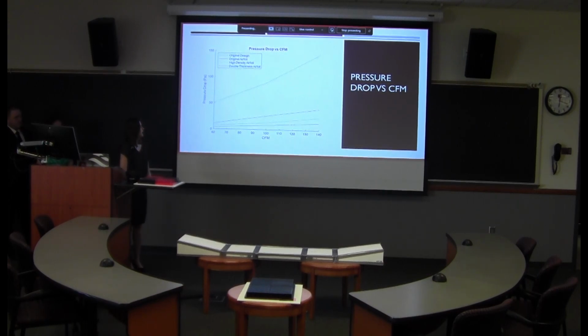As you can see, the pressure drop of our designs don't even come close to, again, hitting that pressure drop of the original design, meaning that if BPMI were to take these designs and optimize them, they would have lots of room to experiment with different fin shapes and sizes and densities in order to optimize that thermal performance while still maintaining that low pressure drop. Now I'm going to hand it over to Alyssa, who's going to be talking about some of our tests.